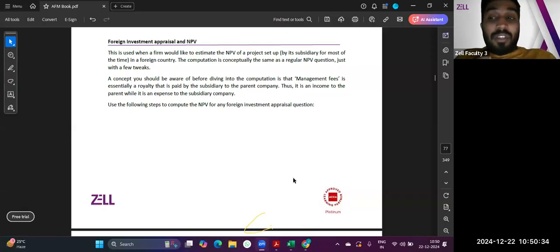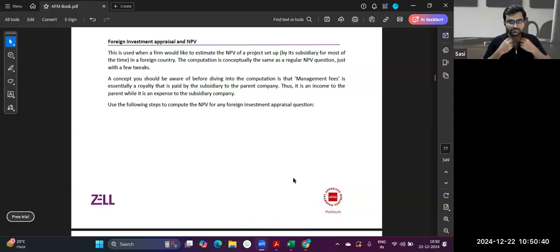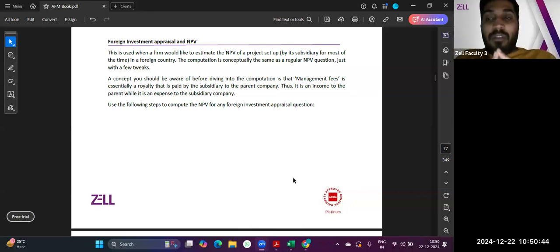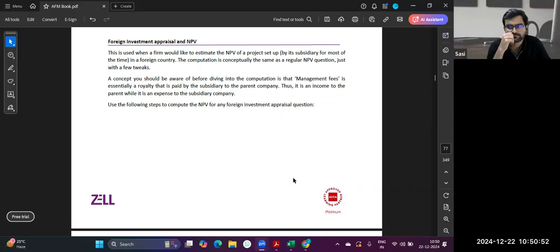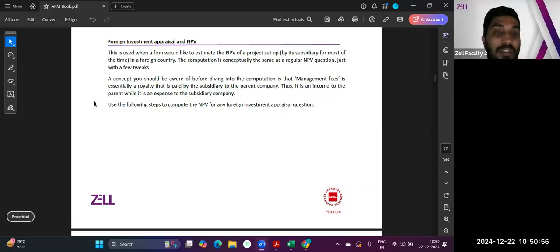They don't remain constant. There are a lot of government regulations when you remit the funds, correct? When you take the funds from inside or from outside, there are a lot of restrictions on those things as well. So that's one of the aspects that you need to take care of. Clear? So we will learn in foreign NPV how we do things.